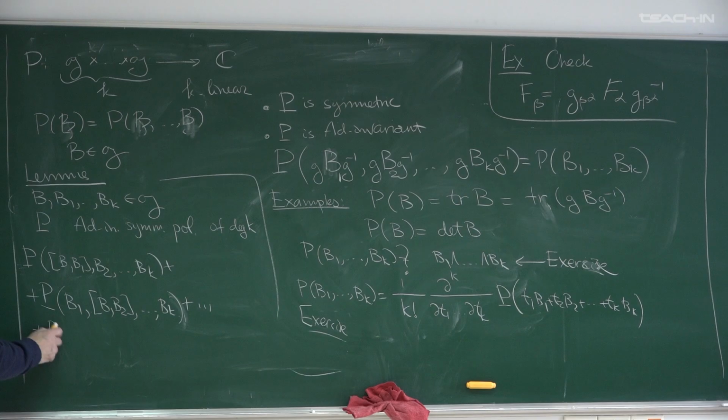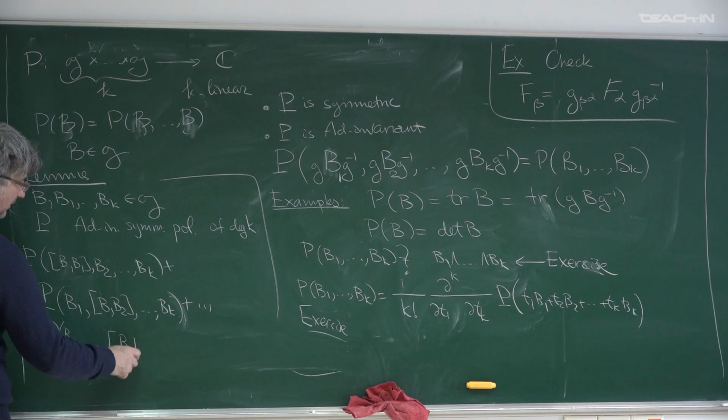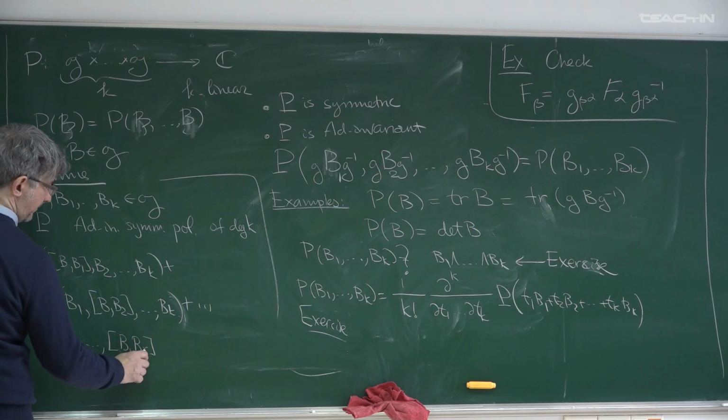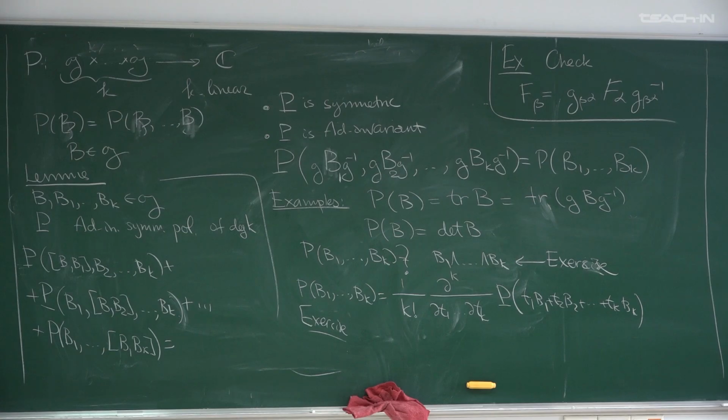Plus, and the last summand, as you can guess, is the commutator with Bk. The statement of the lemma is that it is equal to something. This is a cumbersome expression. I take a small break for you to write it down, because we need it. And while you are writing, please think about the proof, and also about the statement, because I didn't write what is on the right-hand side.